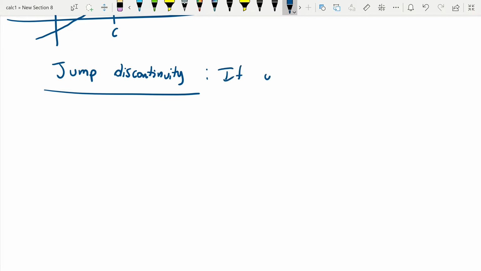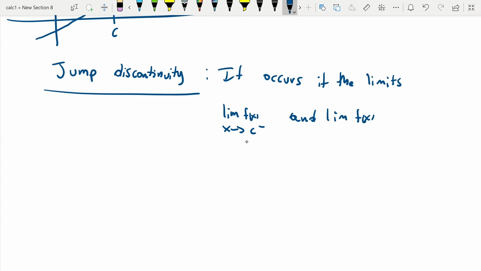And this happens if the limits from the right and from the left of f of x exist, both of them. So we do have right and left limits.